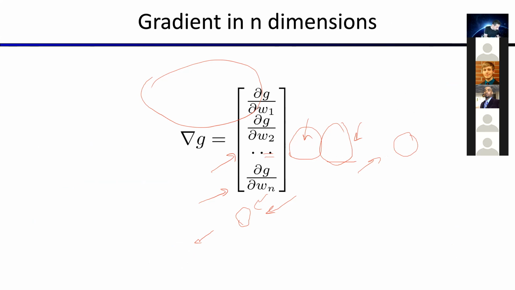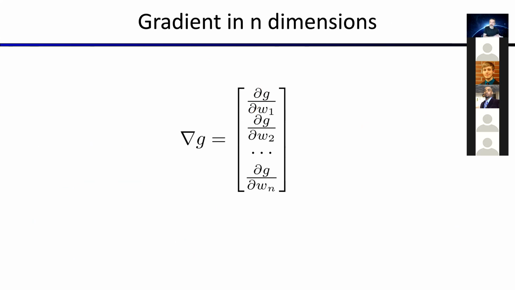Okay, now I need to learn how to remove these annotations. And if we want to do that for functions with a larger number of dimensions, for example, in this case, n dimensions, we can do the same.